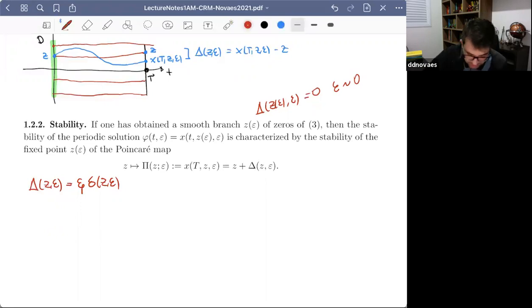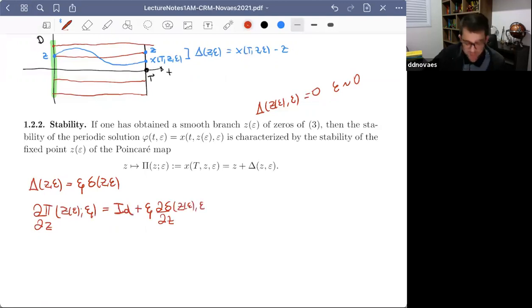When we compute the derivative of the Poincare map at the fixed point, with respect to the spatial variable, what we have is the identity matrix plus epsilon multiplied by the derivative of delta with respect to the spatial variable at (z_epsilon, epsilon).